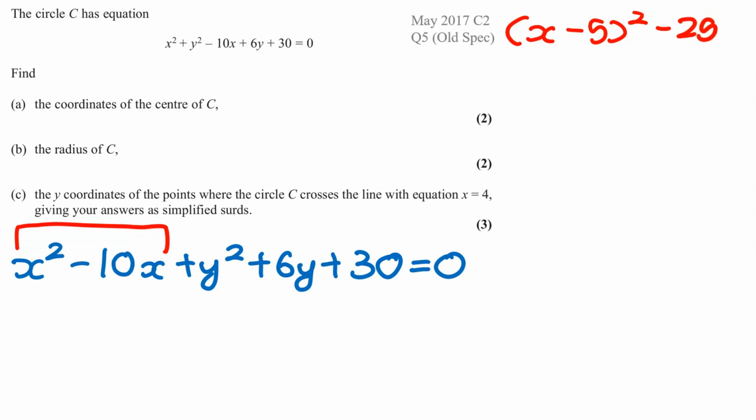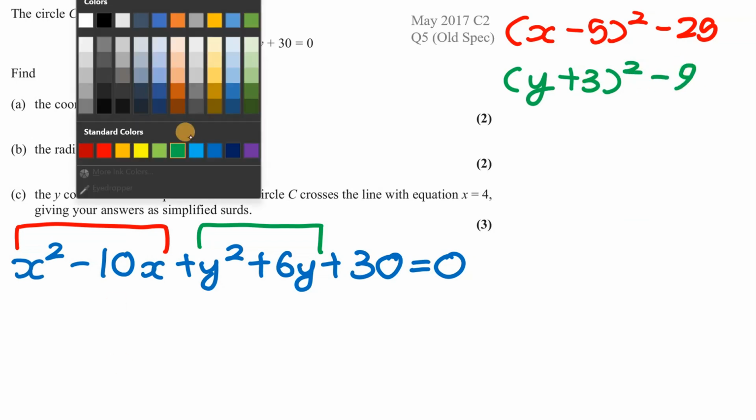And if we complete the square on y squared plus 6y, this is going to be y, and if you half plus 6, it's plus 3 squared, and then 3 squared is 9, so we minus 9.